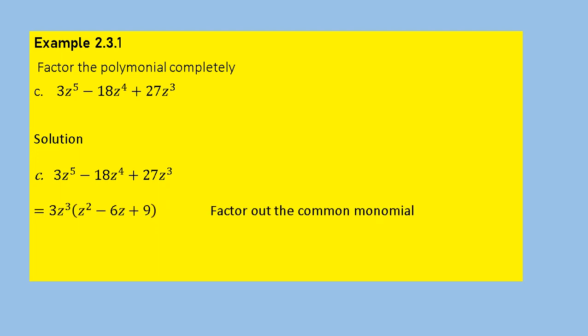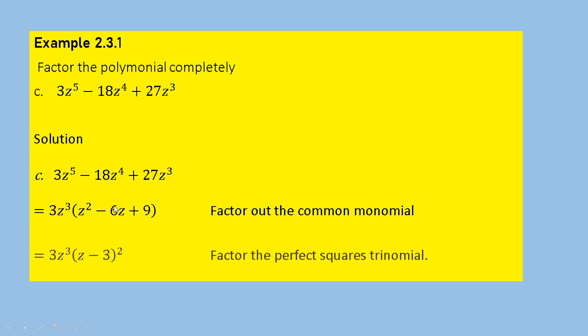Factor out the common monomial, which is 3z cubed. The smallest exponent is the one taken out. So, 3z cubed times z squared. Remember, the exponents are added when you multiply, so we subtract when taking out. 5 minus 3 is 2. 4 minus 3 is 1. And then z is gone for the last term, z cubed. Because if we multiply them, the exponents are added. If you get confused, multiply means add, so taking out means subtract.